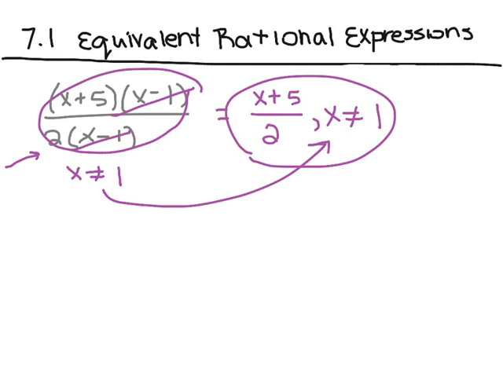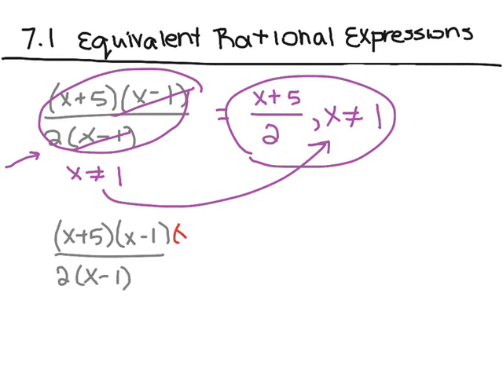If we wanted to make it bigger, we can multiply by anything we want. If we wanted to multiply it by x plus 2, we already know x cannot equal 1, but also now if we add this, it cannot equal negative 2.